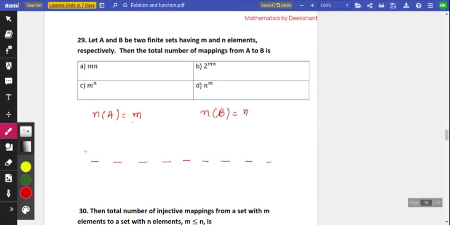We have a total of N elements, so for every space we have N choices. After multiplying these terms, with a total of M spaces, we get N to the power M. So the correct answer is option D. The total number of mappings from A to B is N to the power M.